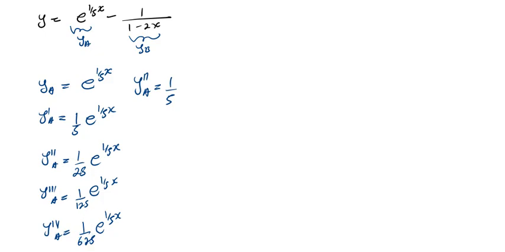So since it follows these values, the derivative order is going to be n here. So I found one of them, which is y to the n of a is equals to 1 over 5 to the n, then you have e to the 1 over 5x, like that.